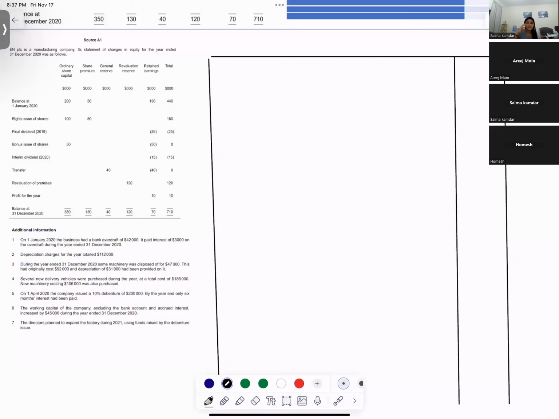So the first thing you need to know is that the cash flow statement has three parts. What are the three parts? Cash flow from operating activities, investing activities, and then financing activities. Whenever we do a cash flow statement, we will write the three activities.